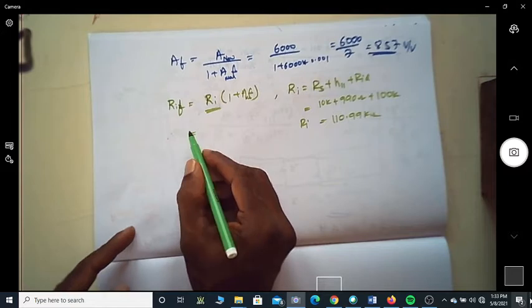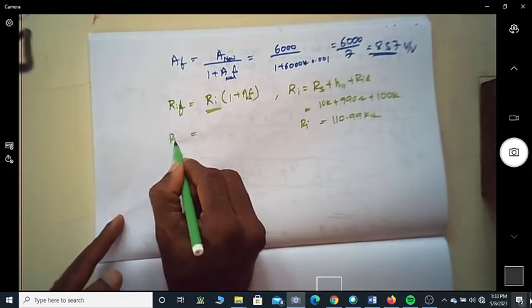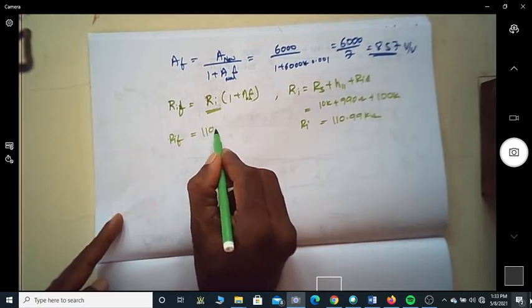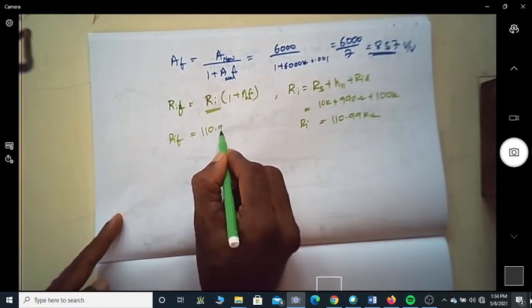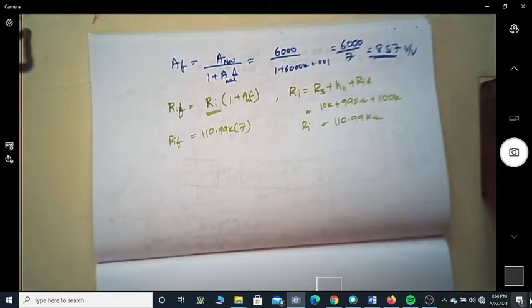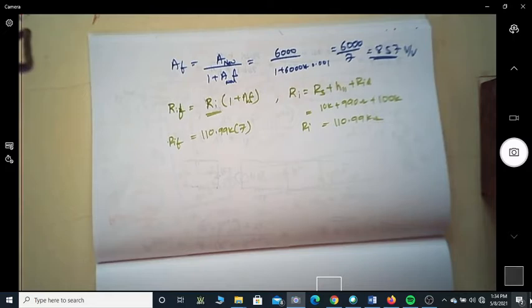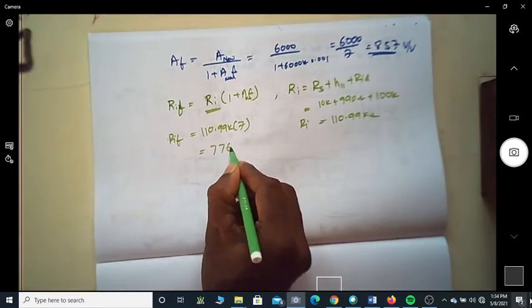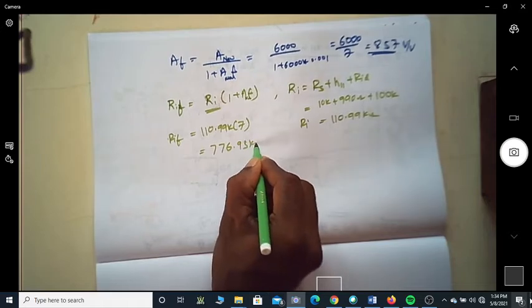The input impedance after feedback is 110.99K multiplied by 7. If I do that, 110.99 into 7 is actually equal to 776.93 kilo ohms.